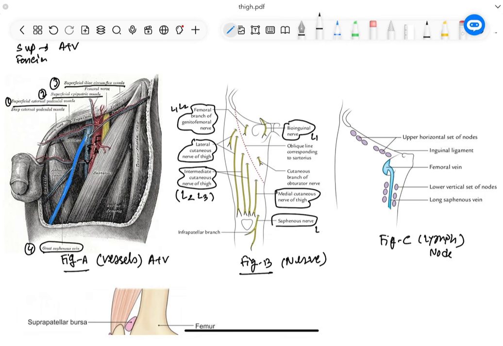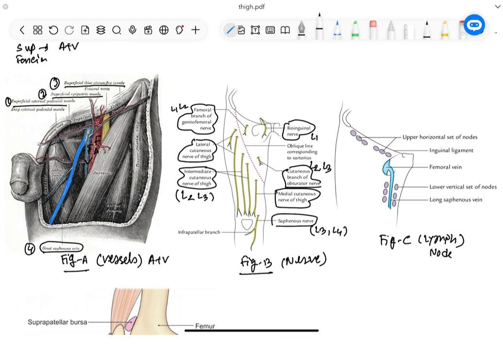Its root value is L3 and L4, and a branch from the obturator nerve, actually the cutaneous branch of the obturator nerve. Its root value is also L2 and L3. These are the cutaneous nerves which are supplying the front of the thigh area and are content of the superficial region.